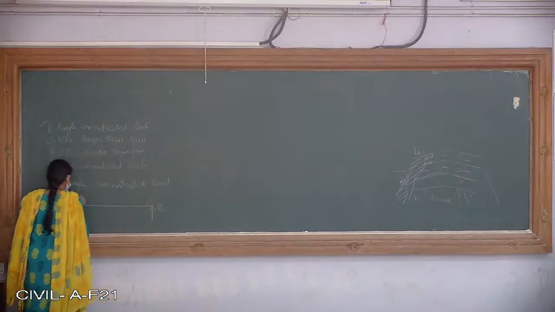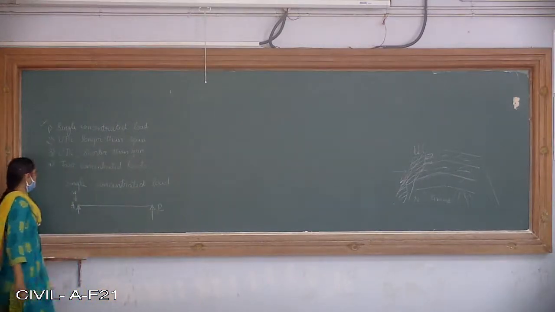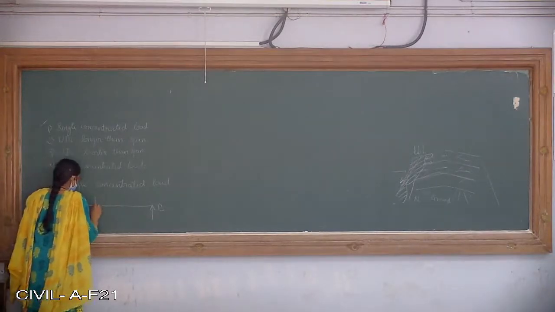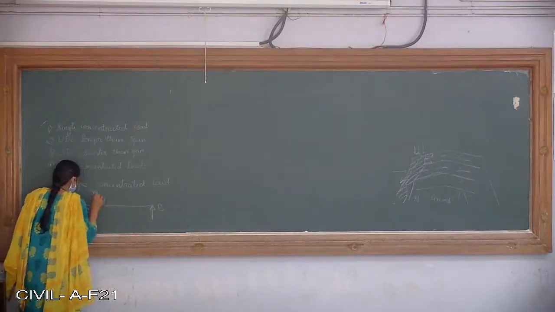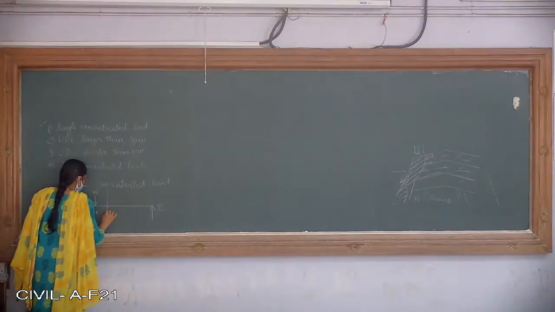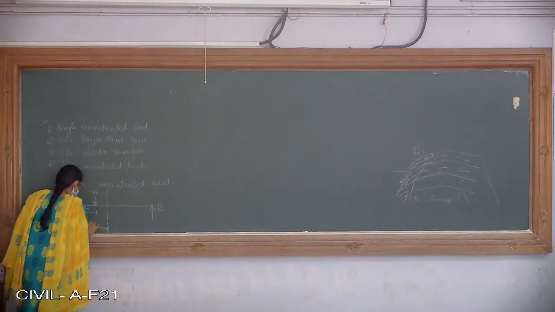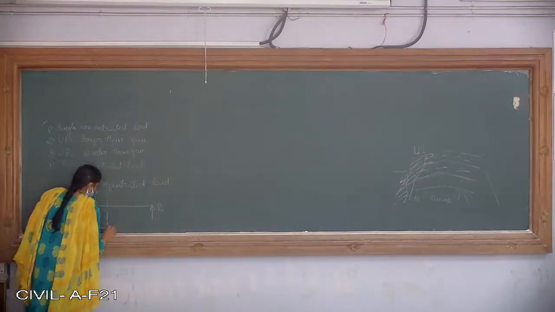Now this load is going to move from end A to end B. So I will consider that this load W is at some position on the beam, let us say at a distance A, and then I have a section line here at some distance, say X. This is my section line XX.